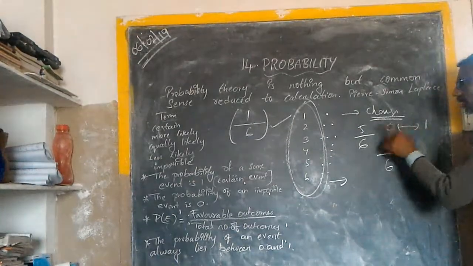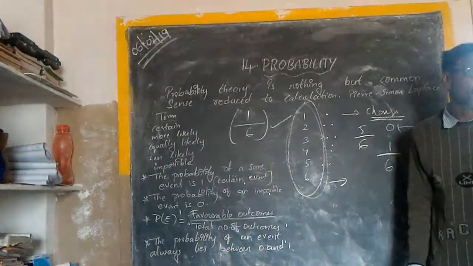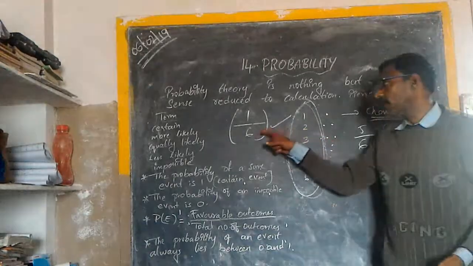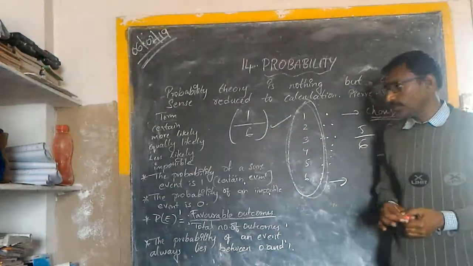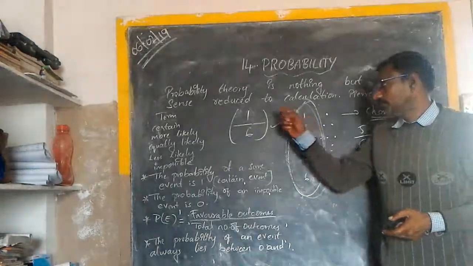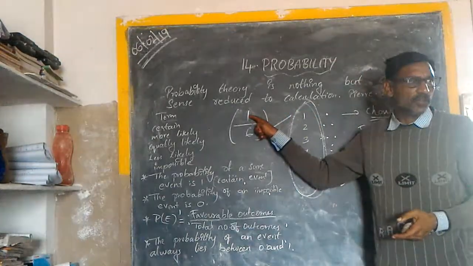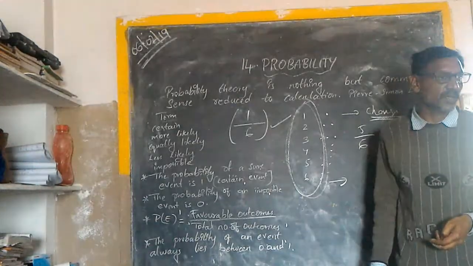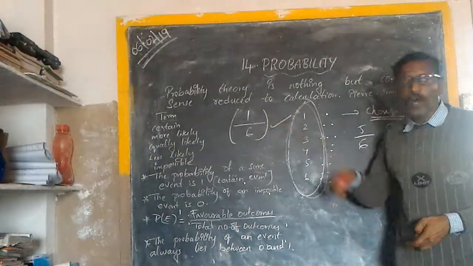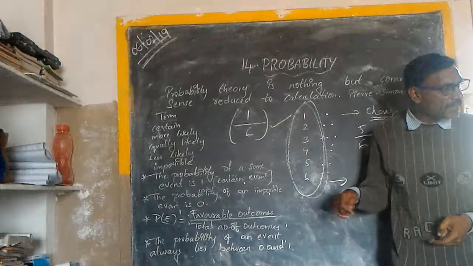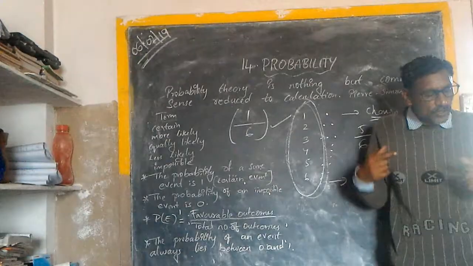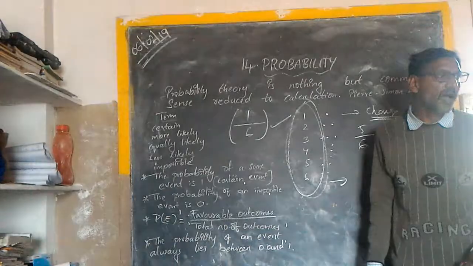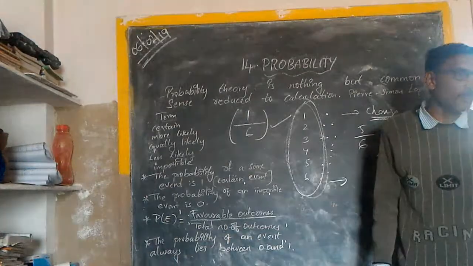These two values lie between 0 and 1. So here is a very important point. 1 is a favorable outcome and 6 is the total number of outcomes. The ratio of favorable outcomes to total outcomes is nothing but probability.